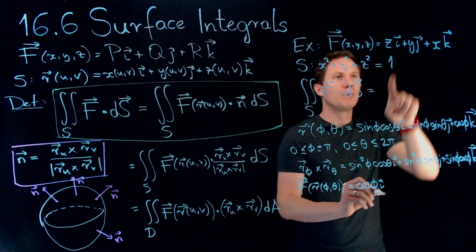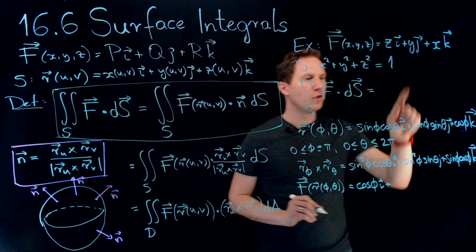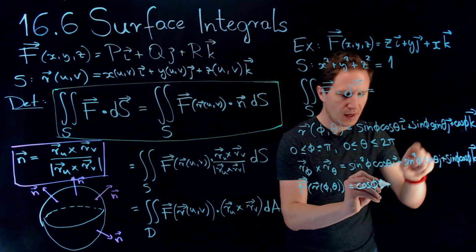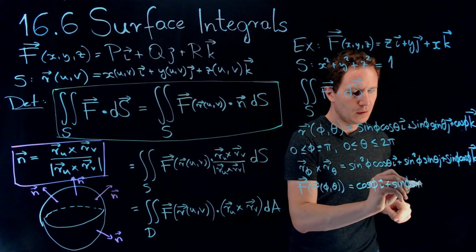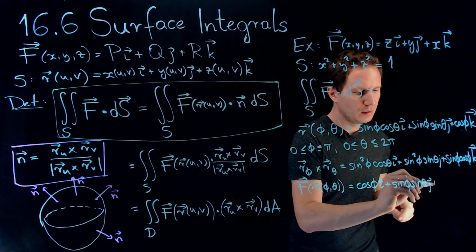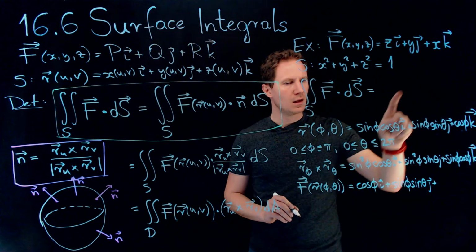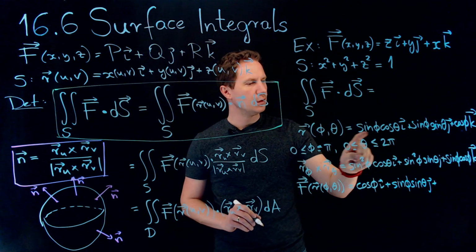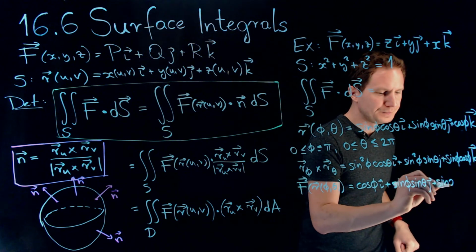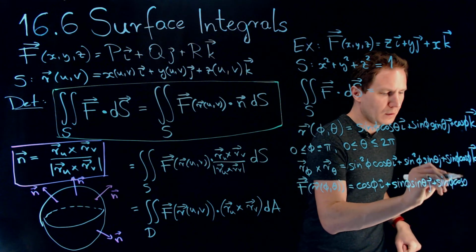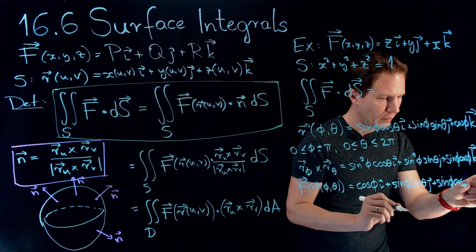Then we have plus y times j. y is the sine of phi sine of theta. So that's the j component. And the third component is x, which for our unit sphere is sine of phi cosine of theta, k.